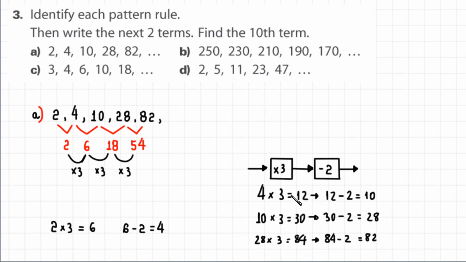Let's write the pattern rule that now we know. We start at 2, because 2 is the first number here. We should not forget that. What do we do then?